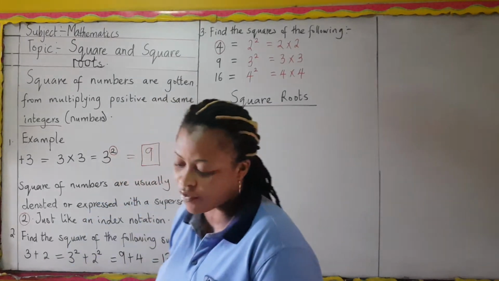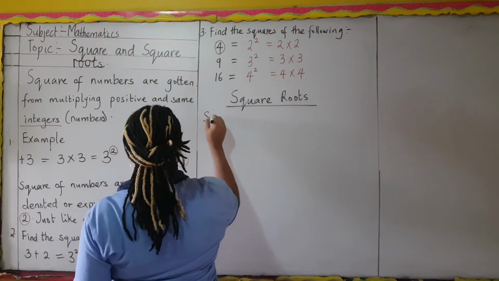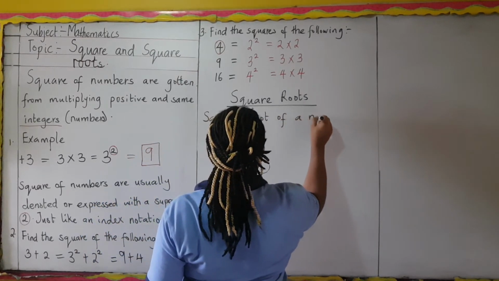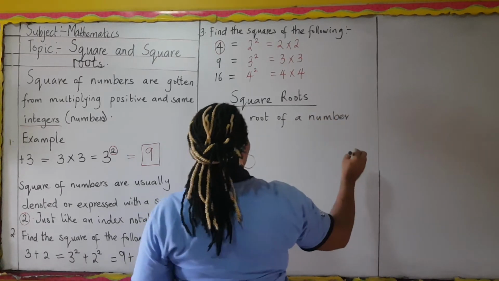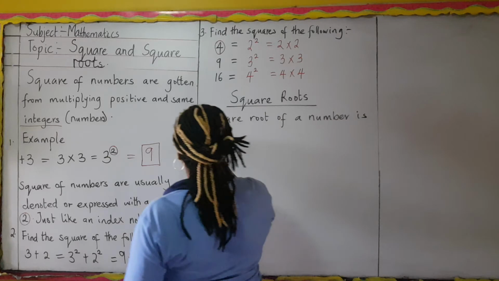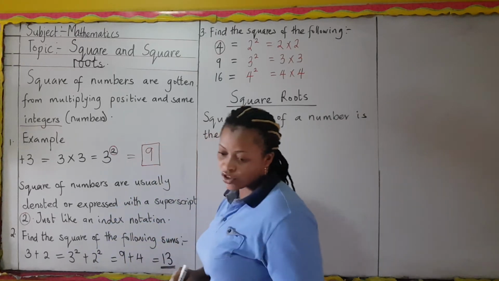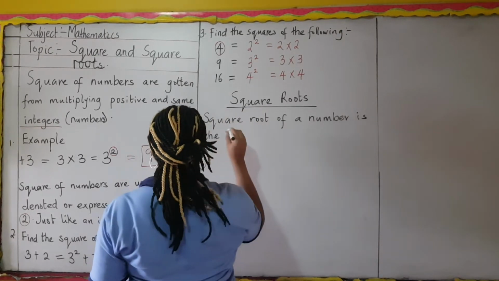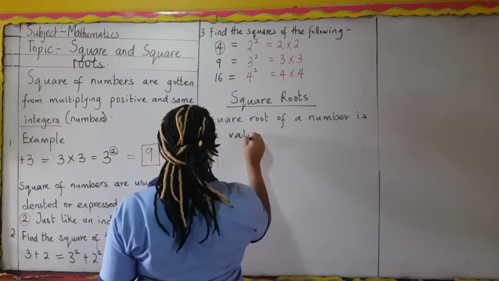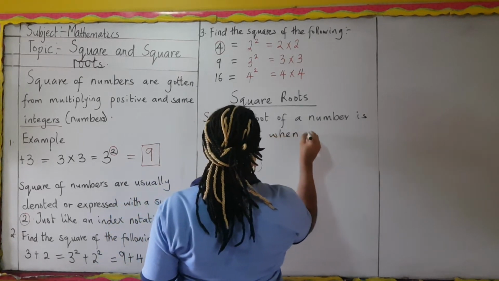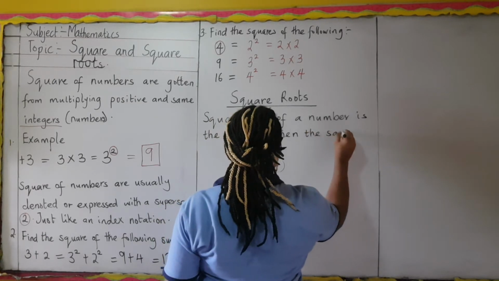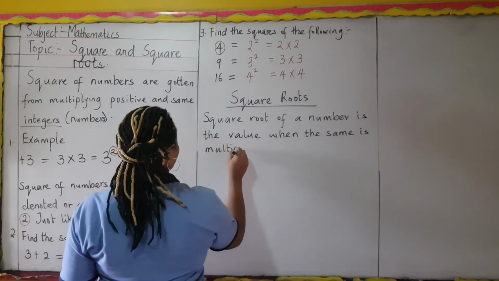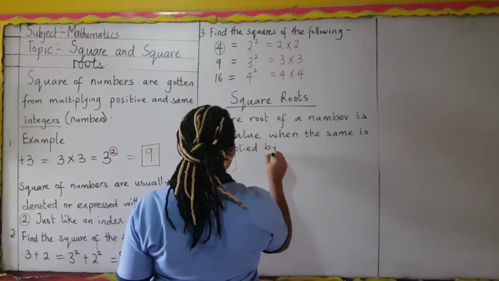We said that the square root of a number is the value that, when multiplied by itself, gives the number.